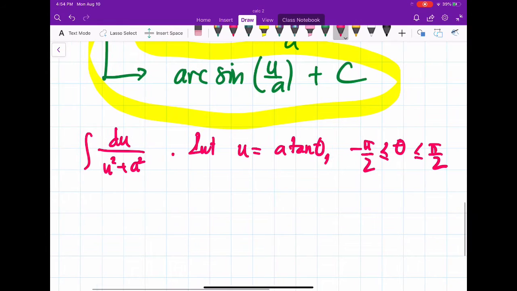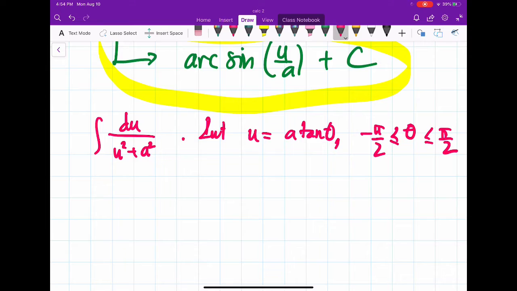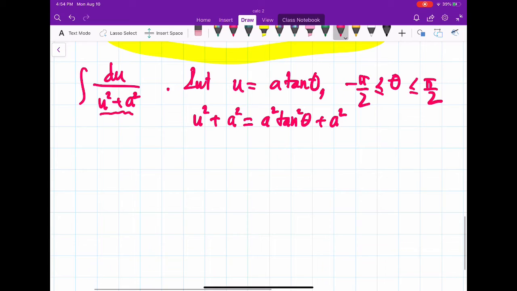Okay, let's not differentiate right away. I want to work with u squared plus a squared. So a squared plus u squared equals a squared tangent squared theta plus a squared. Again, you take a squared out, you get a squared times tangent squared theta plus 1.